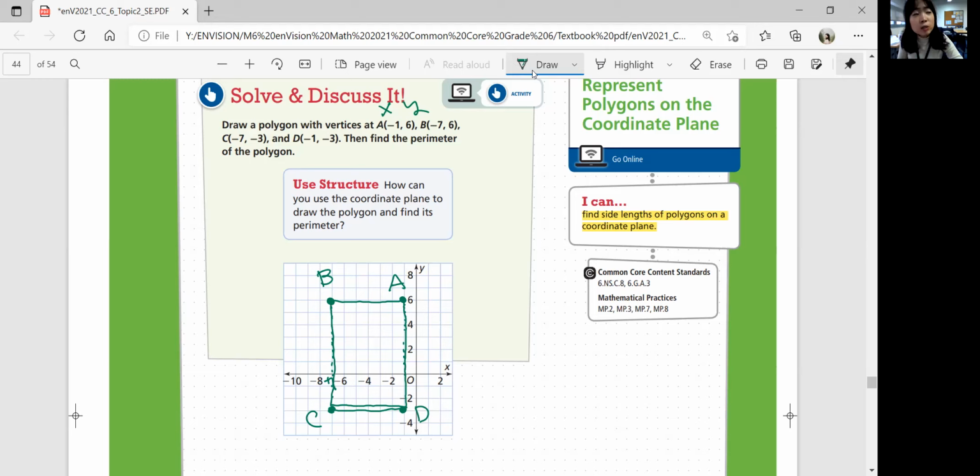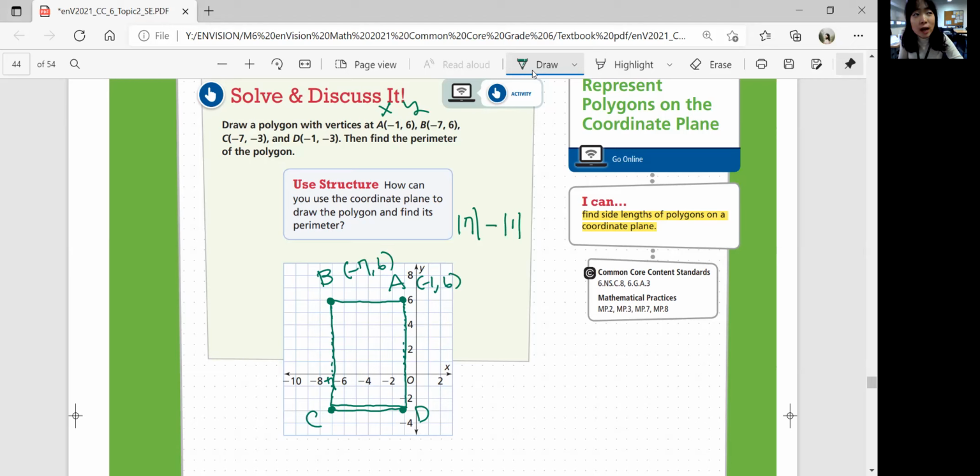Now you're going to find the perimeter of this polygon. What is the distance between the points? What's the distance between A and B? You can count or you can subtract their x values, right? Because it's a horizontal distance. A is (-1, 6), B is (-7, 6). So their horizontal distance, they're on the same quadrant. So absolute value 7 and absolute value 1, are they subtracted or added?